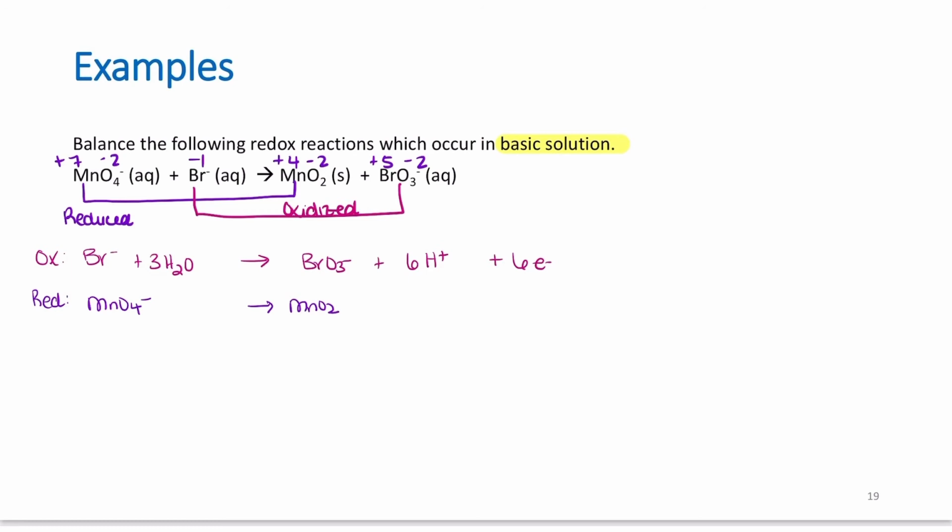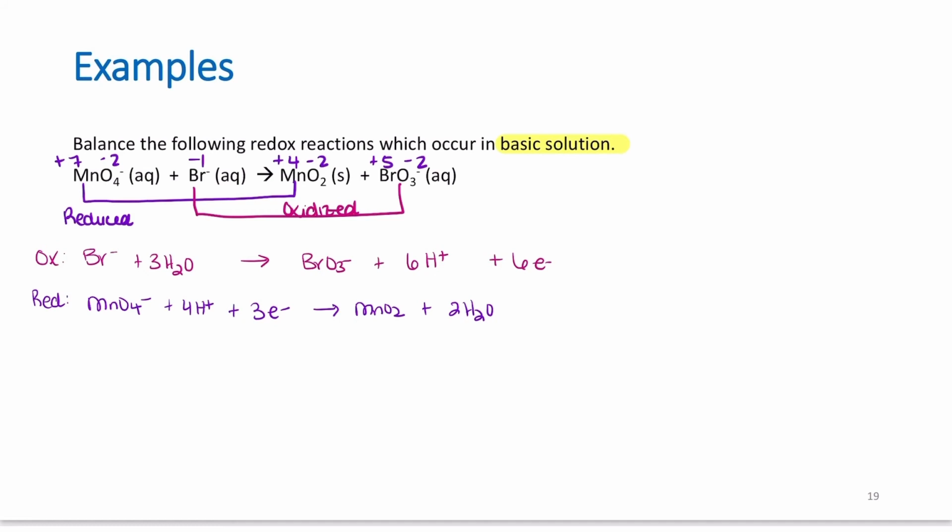Let's balance my oxygen. 4 oxygen on my reactant side, 2 on my product. So I'm going to say plus 2 waters. Now I need to balance out my hydrogens. I've got 4 hydrogens on my product side, so I'm going to say plus 4H+ on my reactant side. Last thing I need to do is look at my electrons. -1 plus 4, and overall 0 charge. So I need to say plus 3 electrons to balance out my charge.